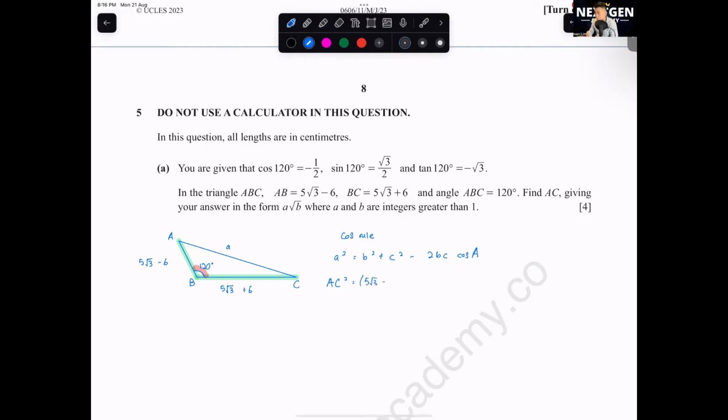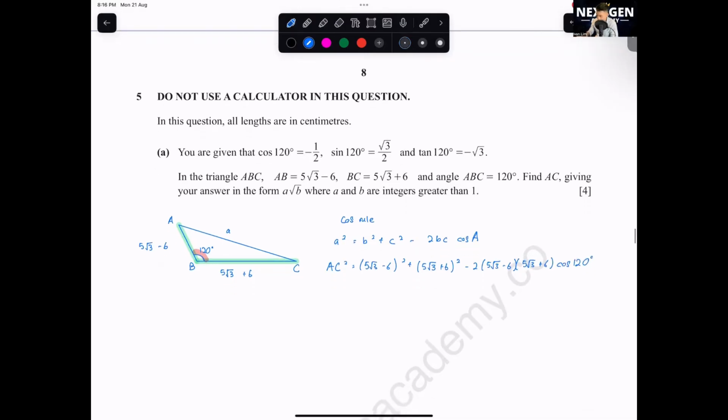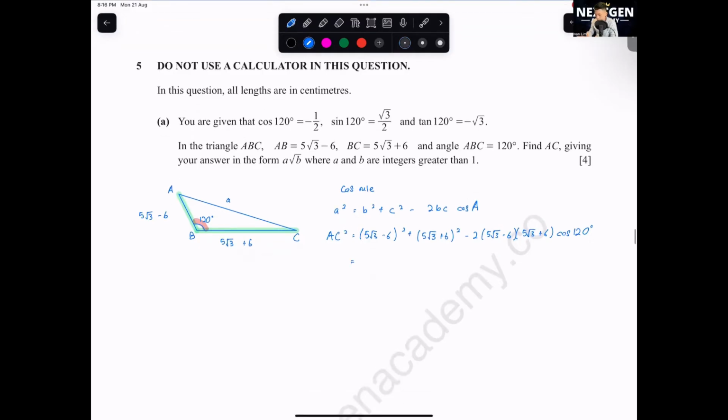(5√3 minus 6) square plus (5√3 plus 6) square minus 2(5√3 minus 6)(5√3 plus 6) cos 120 degrees. Okay, we open up the bracket. So this one, (a minus b) square will be a square minus 2ab plus b square.